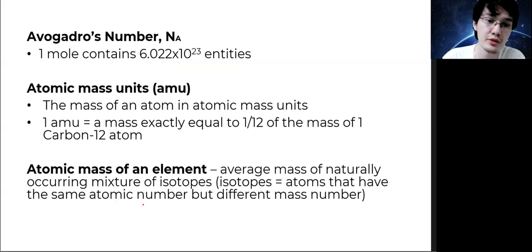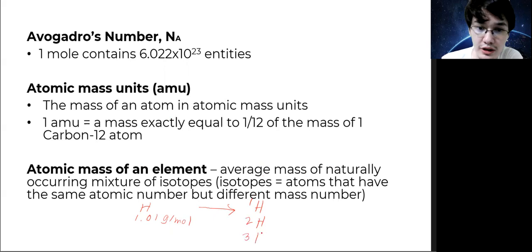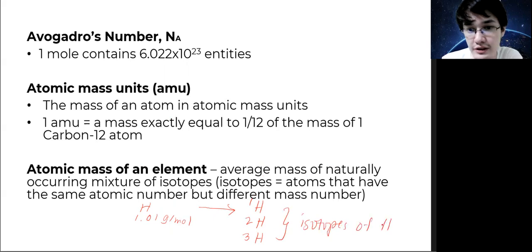So for example, for hydrogen, its mass is 1.01 grams per mole, but it is the average mass of H1, H2, H3. So these are isotopes of hydrogen.